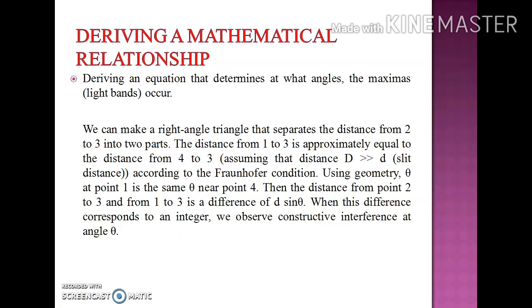Now I will explain how we can obtain a mathematical relationship, an equation which will show for what angles we will obtain the maxima and for what angles we will obtain the minima. For that we have to draw again the picture of Young's double slit experiment.